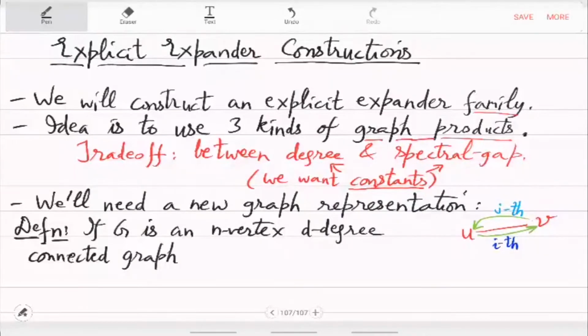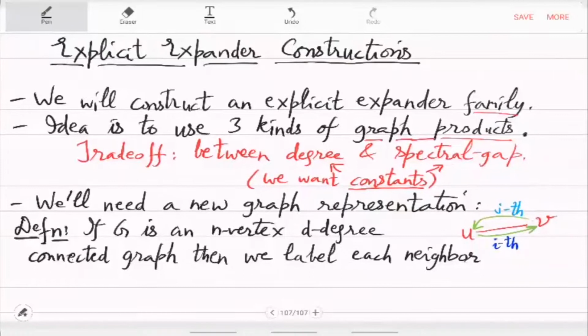Then we label each neighbor of each vertex using 1 to d numbers.